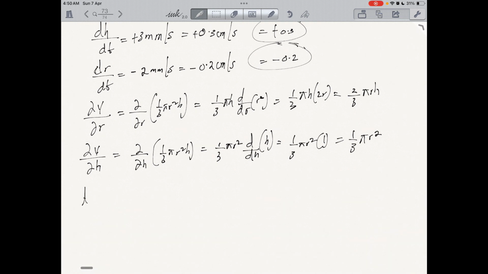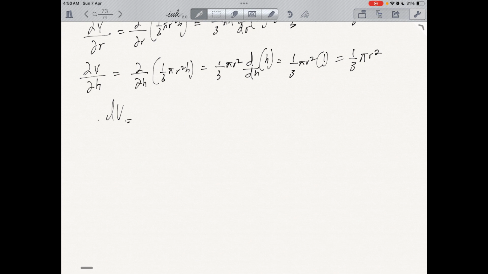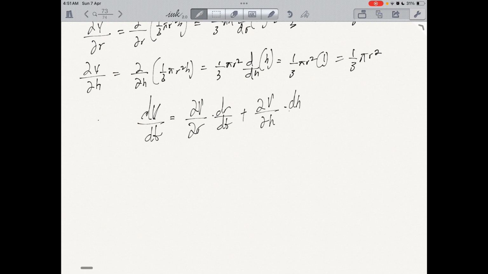Therefore, our dV/dt, which is the partial derivative of V with respect to r multiplied by dr/dt, plus the partial derivative of V with respect to h multiplied by dh/dt.